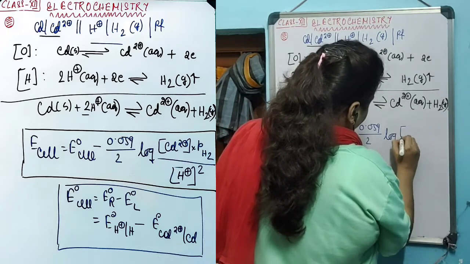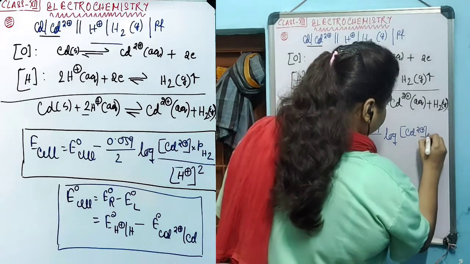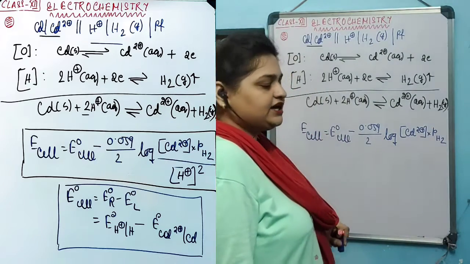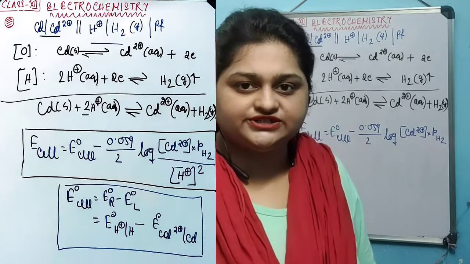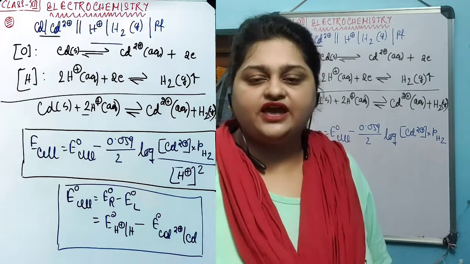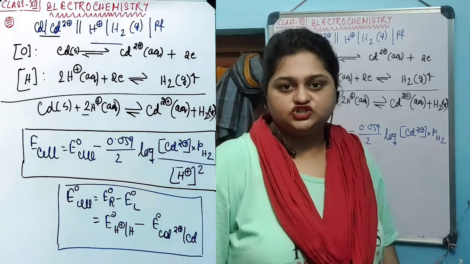Log of the concentration of cadmium 2+ and the partial pressure of H2 gas. Hydrogen is a gas. When the species is gaseous, instead of taking concentration, we represent the activity of that species in the form of the partial pressure.